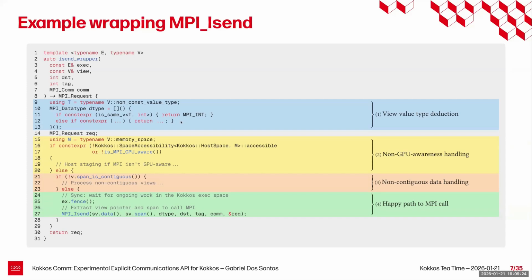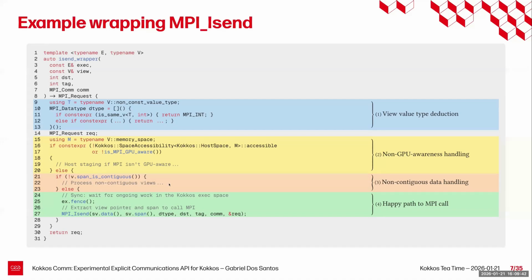Here it's elided. I just have the comment on what you would need to do. Then if you have an MPI that is GPU aware, you need to care about whether your view is contiguous or not. If it's not, then you need to process that.